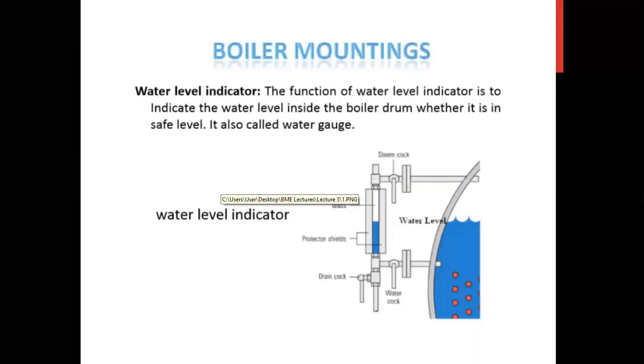So definitely this water level indicator is a very important component for the boiler to run, because to refill at the perfect time repeatedly, we need this indicator, which will show the current water level inside the boiler. So definitely this is a mounting.